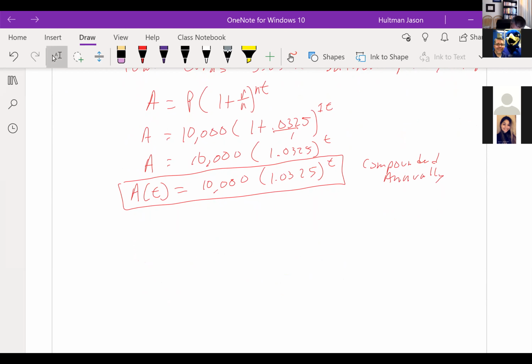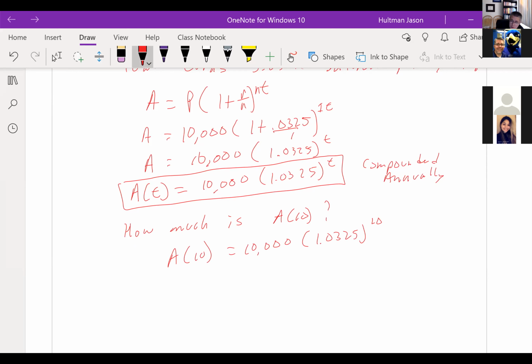If this is being compounded annually, then after 10 years, how much is A sub 10, and what does this mean? Well, A sub 10, A of 10, is equal to 10,000 times 1.0325 to the 10th power.